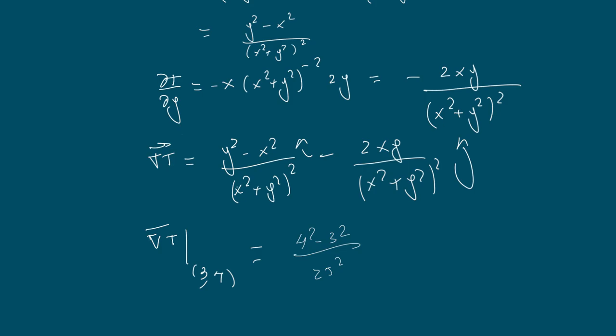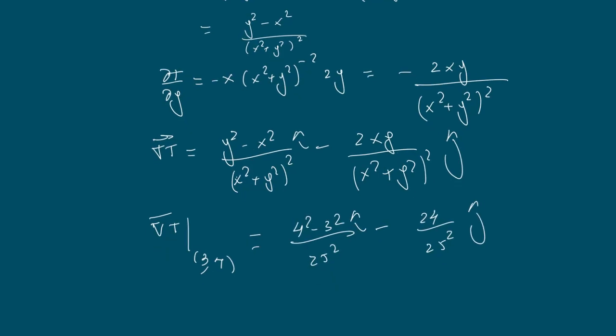4 squared plus 3 squared is 25. 25 squared minus 2 by 3 by 2, 2 by 3, 6, 24, 64 divided by 25 squared in the j direction, in the i direction.